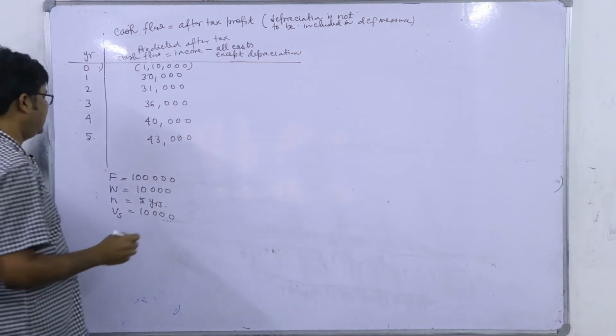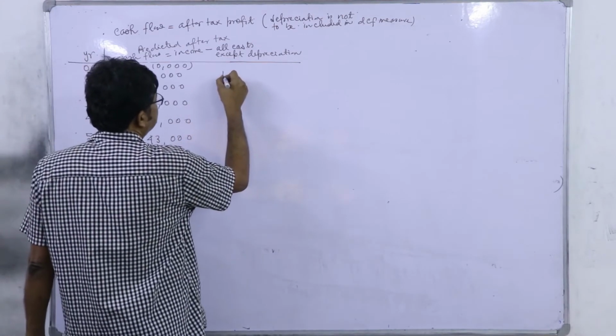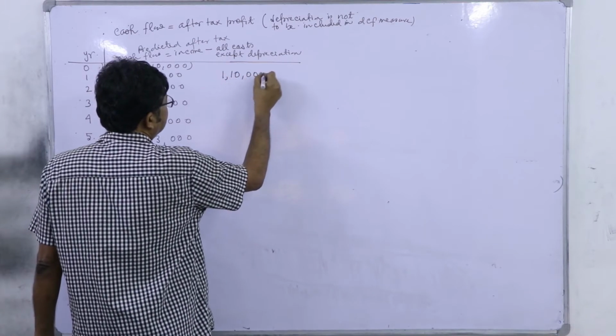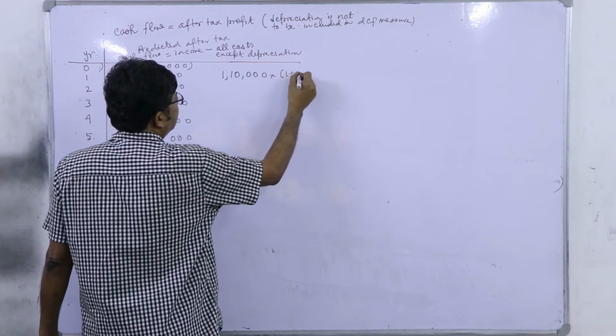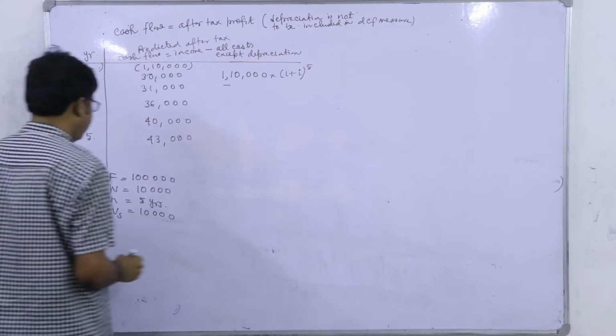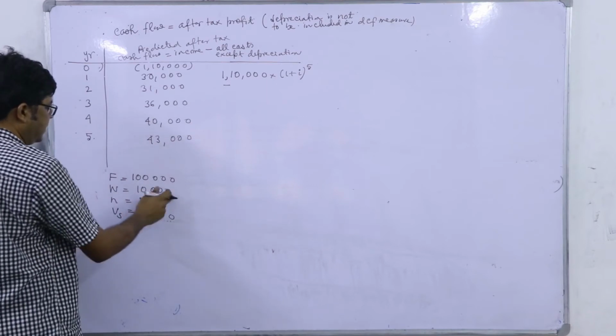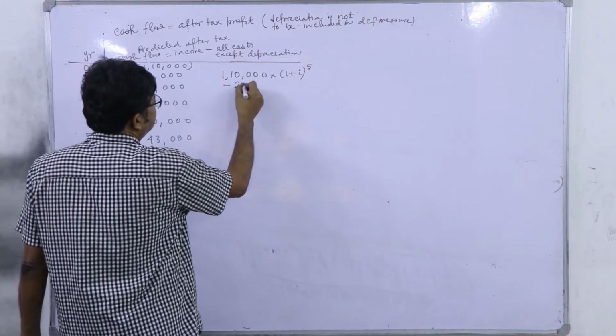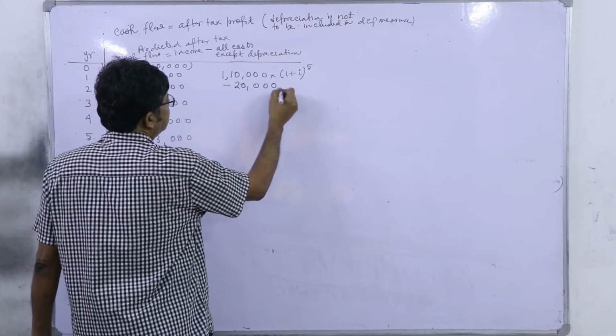So what we have to use? We have to use this 1,10,000 into 1 plus I to the power 5 minus 20,000, because working capital and this salvage is totaling to 20,000.